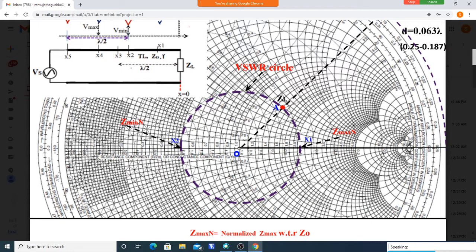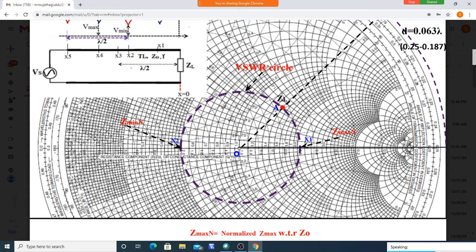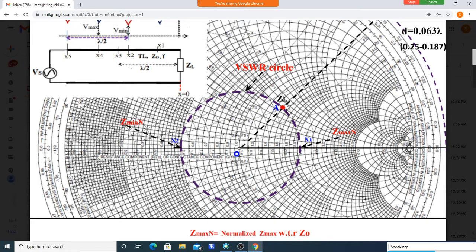And at what distance is it from the load? From the load point we moved like this and reached this point, where the impedance is always minimum. We stop here and measure the impedance, which gives the minimum impedance. But at what distance from the load is this minima? This is the load point. You can measure that again.